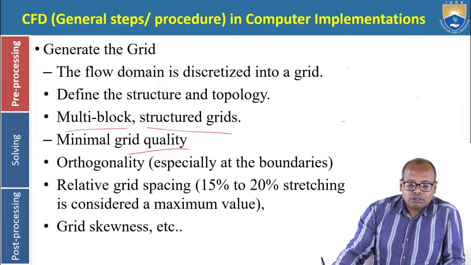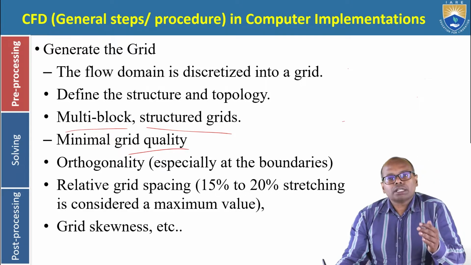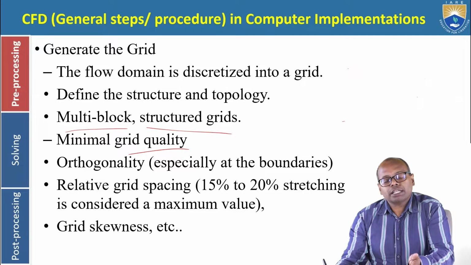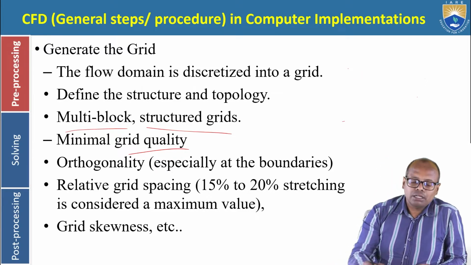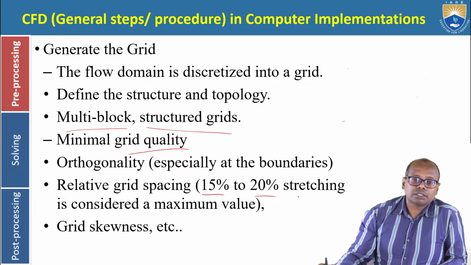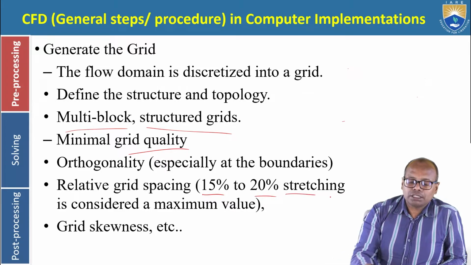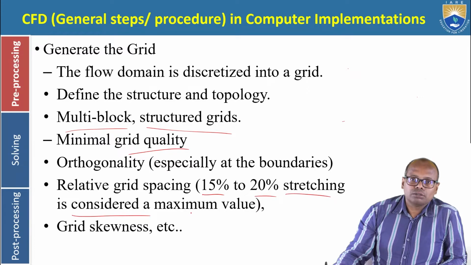Now what is the relative grid spacing stretch? For the relative grid spacing, the acceptable limits are given here. They are 15 to 20%. Twenty percent of stretching is allowed.